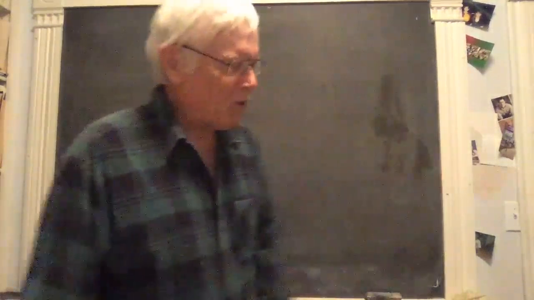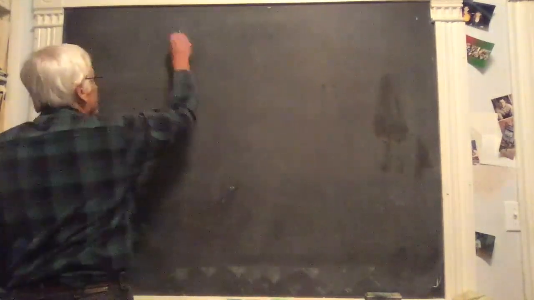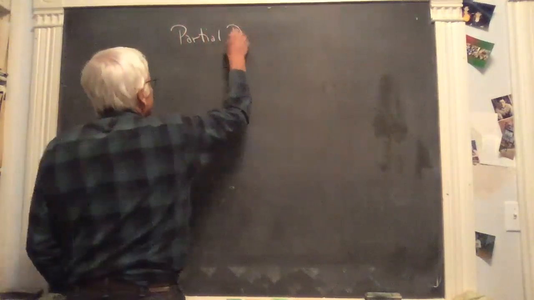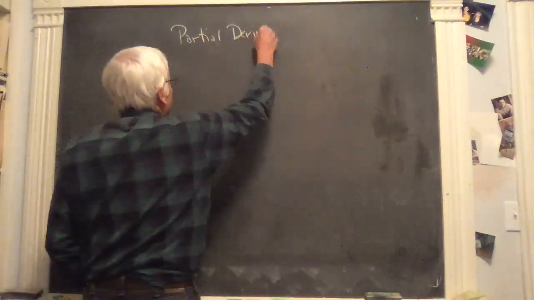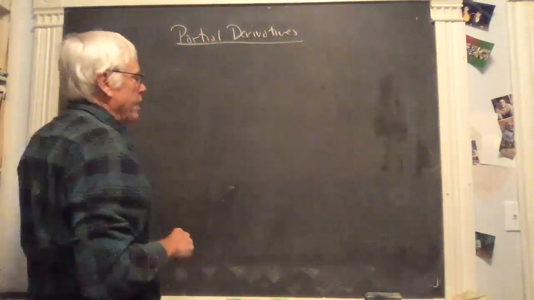There are a couple things I wanted to talk about today. The first one has to do with partial derivatives. This is not a big deal, but I wanted to point it out.